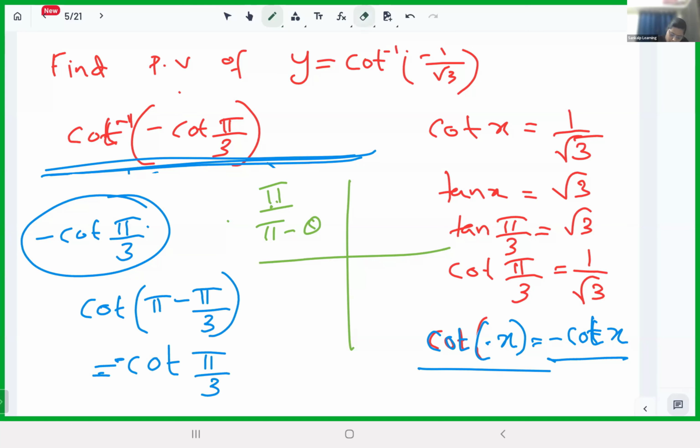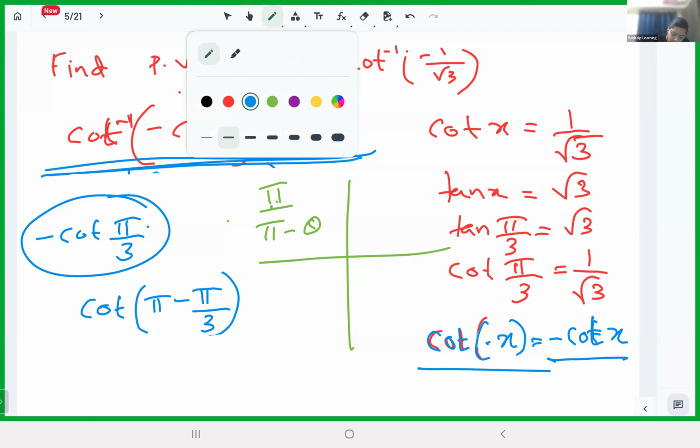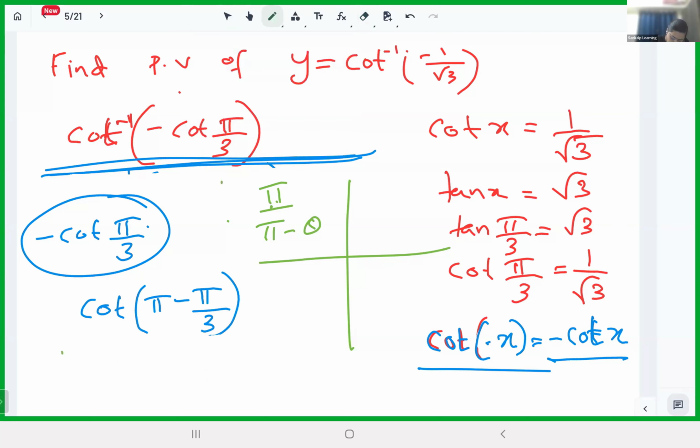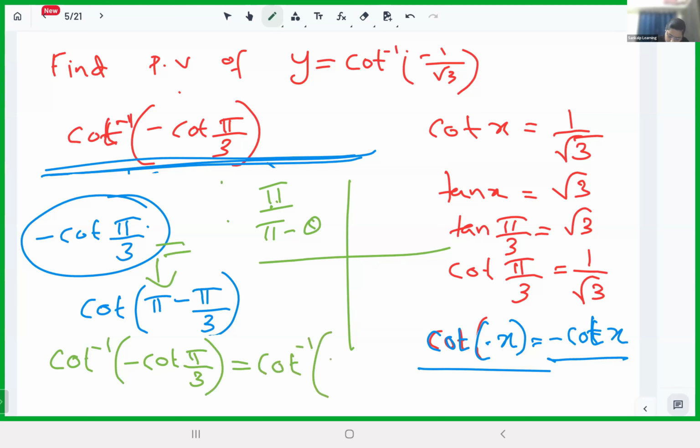So we can rewrite this as cot inverse of minus cot pi by 3, which is cot inverse of cot of pi minus pi by 3.